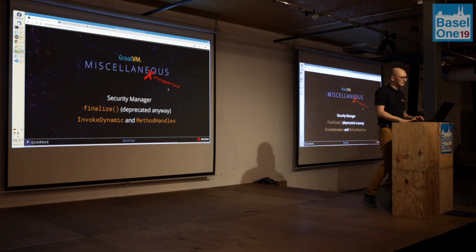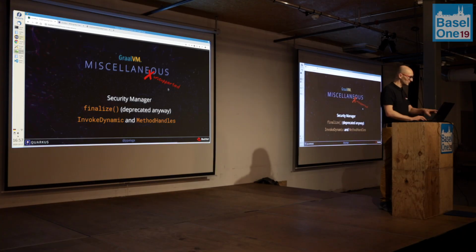Invokedynamic and method handles don't work, which is actually interesting because Java 8 lambdas are implemented using invokedynamic. And you may ask yourself, how does it work? The answer is that there's a replacement in the substrate VM for this, and the lambdas are implemented as stock methods on GraalVM.